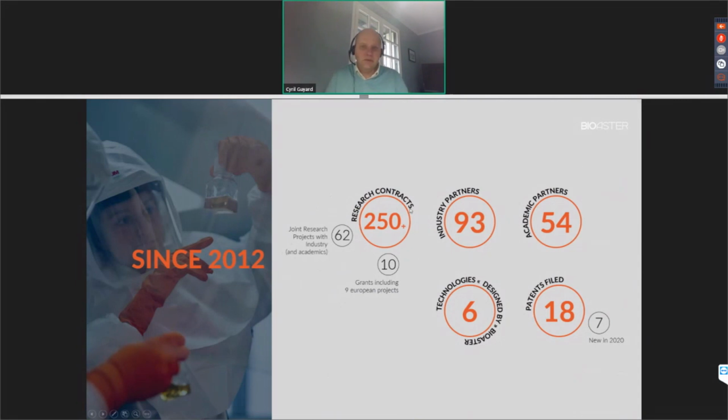We're basically turned toward collaborations, as you can see from those numbers. We ended up working up to now with 93 different industry partners and 54 academic partners. And we have our own technologies that we brought to maturity so they could be used in the industry field.